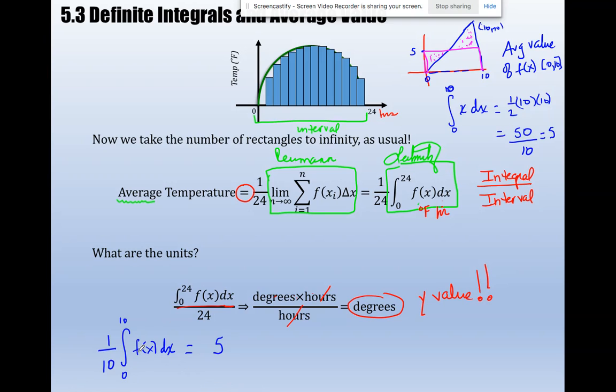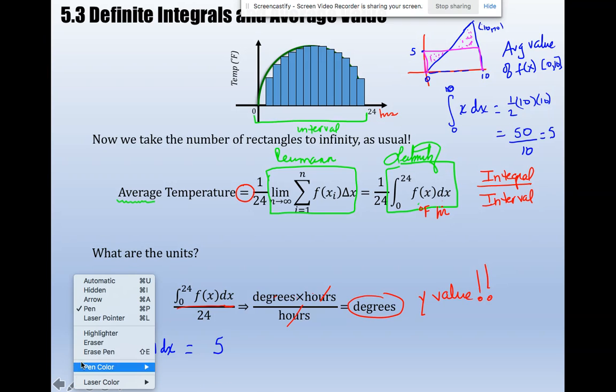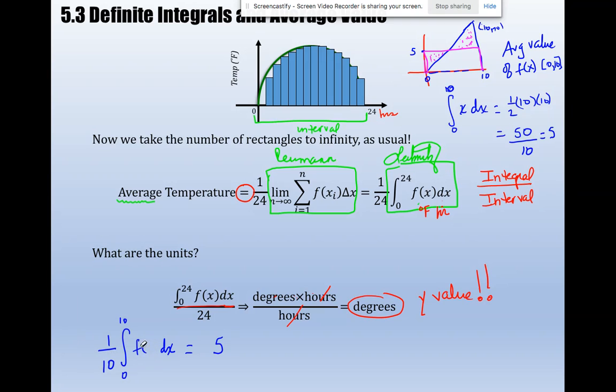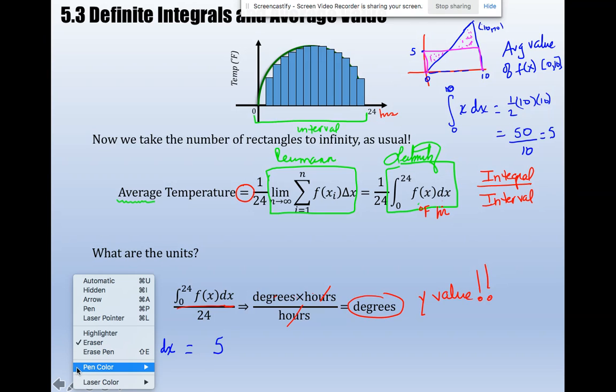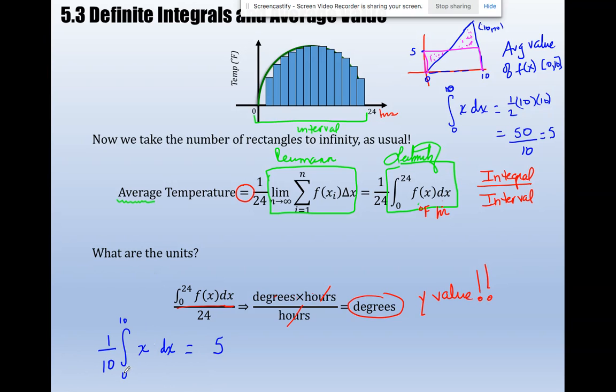Right? The average value of the function x from 0 to 10 is the integral, which was 50, divided by the interval, which is 10, and I got 5. 5 units. Right? Cool.